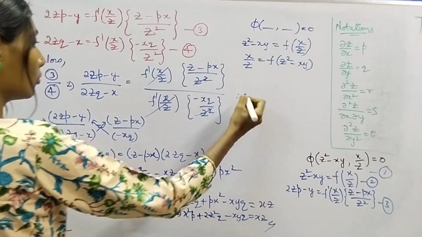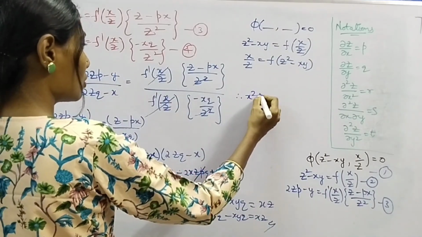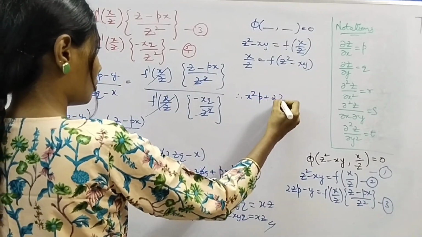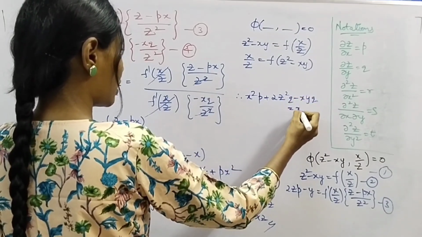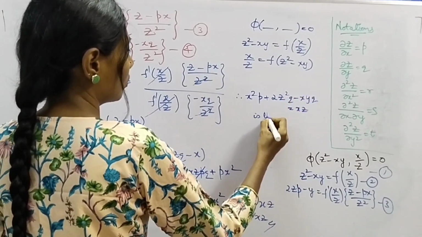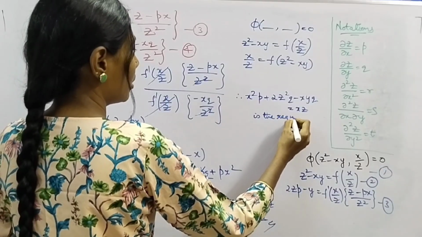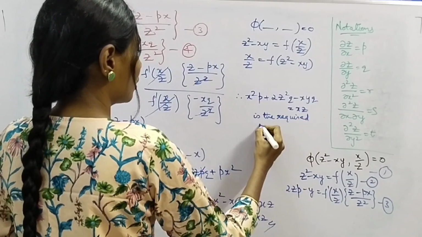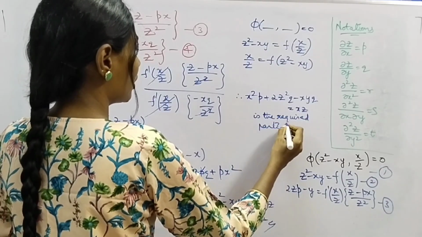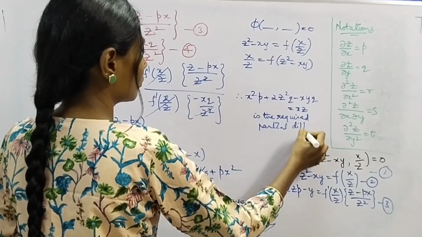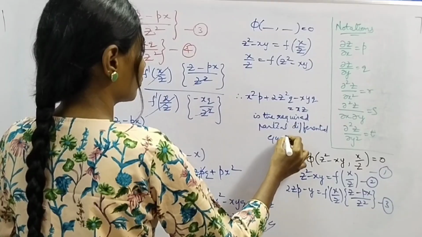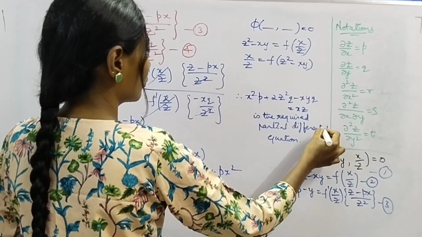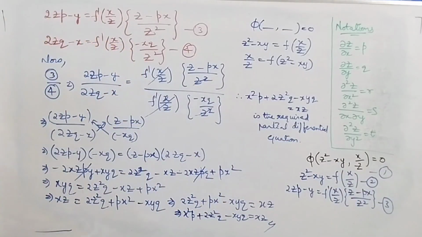Therefore, x²p plus 2z²q minus xyq equal to xz is the required partial differential equation. This completes the problem.